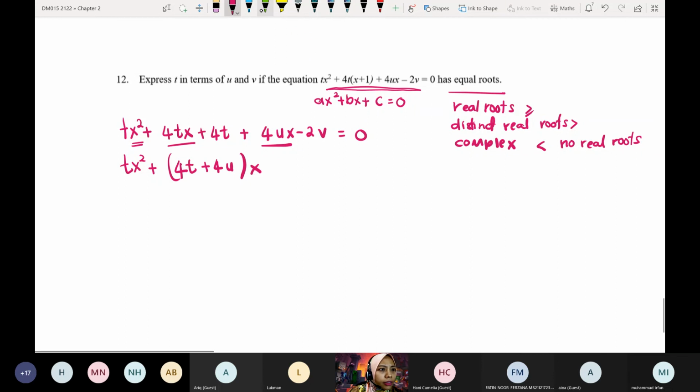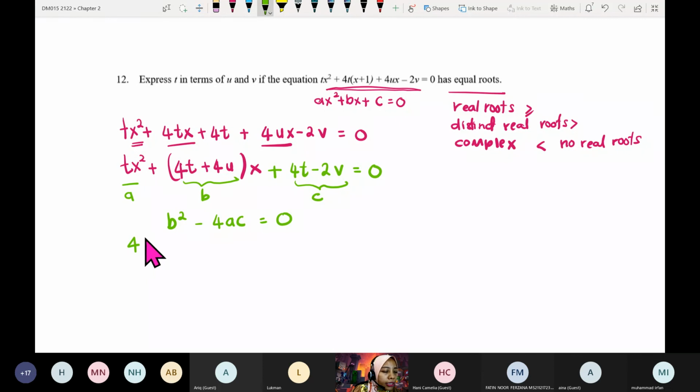Dia kena bezakan dulu, plus dengan 4T minus 2V equal 0. Boleh semua? Okay. So now this is your A. This is your B. This is your C. Barulah you masukkan ke dalam B square minus 4AC equals 0.